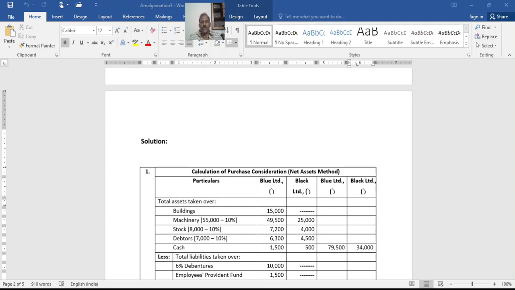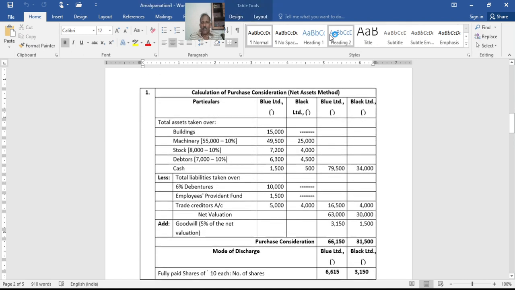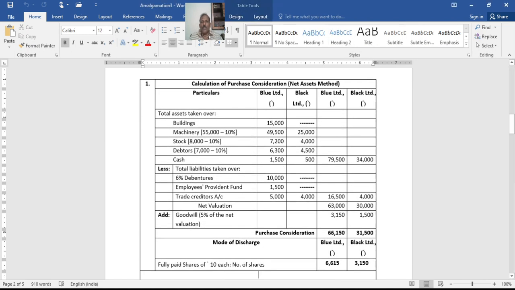As you know, purchase consideration is the amount payable by the transferee company to the transferor company. Here, Blue Limited closed its business as well as Black Limited closed its business, and their assets and liabilities are taken over by the new company Blue Black Limited.